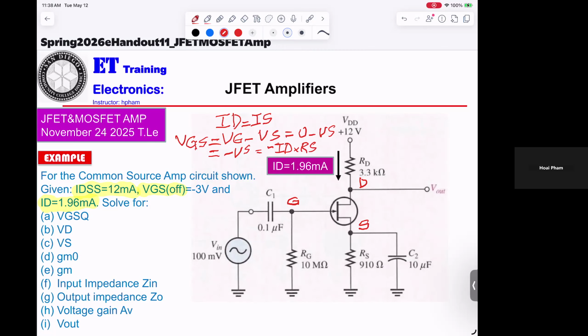Okay, so that's why you already know ID, IS. You already know. That's why you're able to calculate easily VGS.